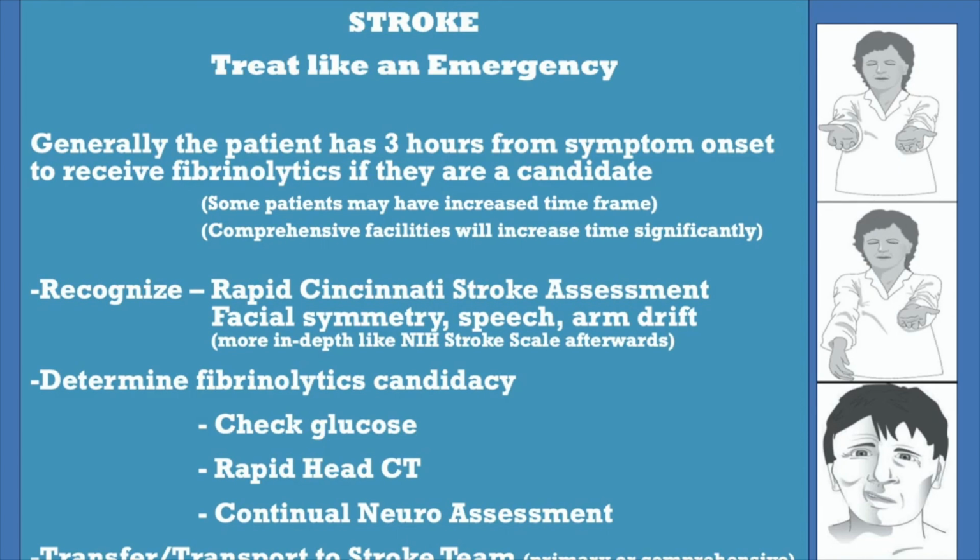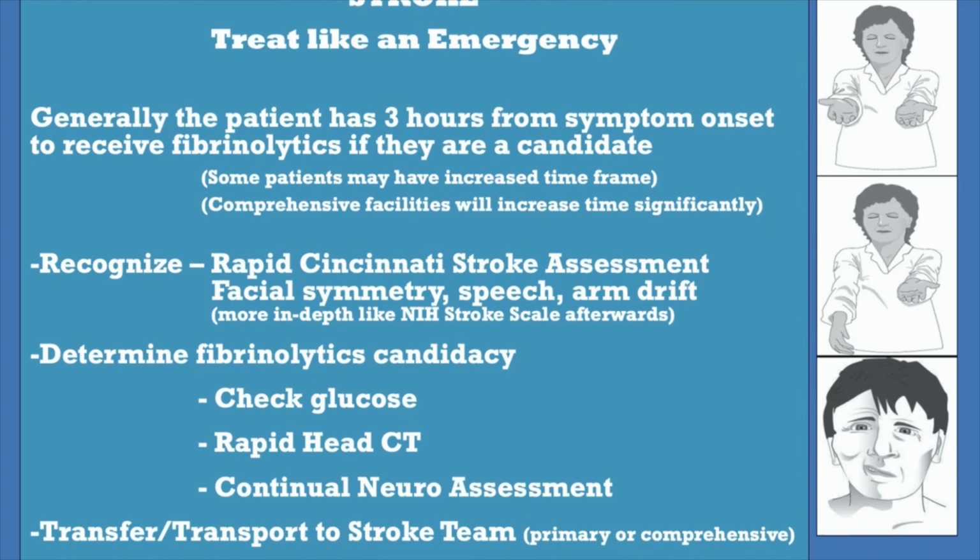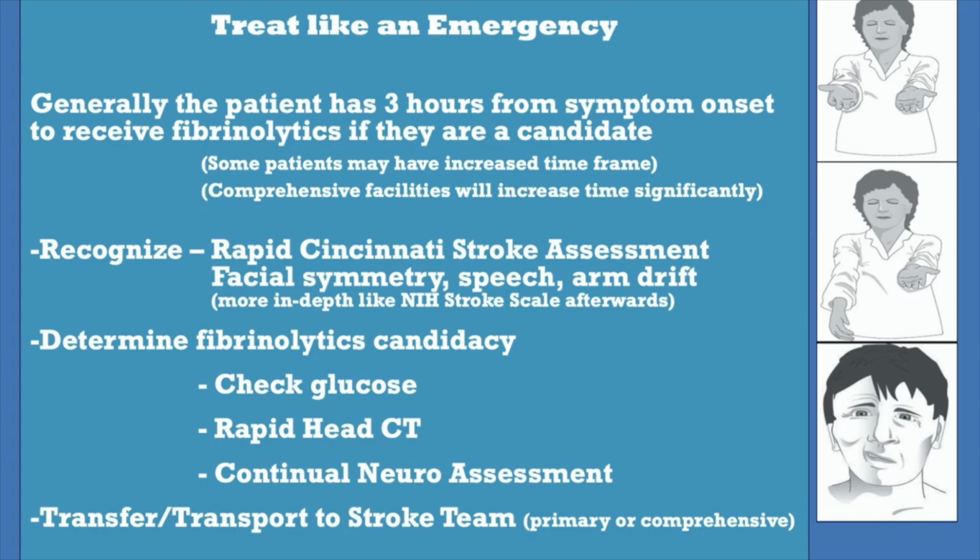And then arm drift, where we place the arms palm up, have the patient close their eyes for roughly 10 seconds and see if both their arms stay up. Remember that other quick bedside test that we will do, glucose to make sure our problem is not glucose, and then our goal is to get this patient to the neuro section to get a CT scan and determine if they're a candidate.